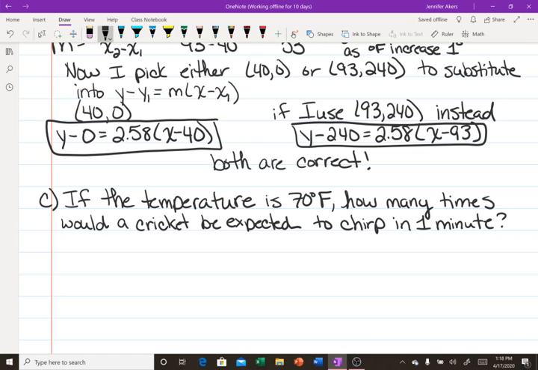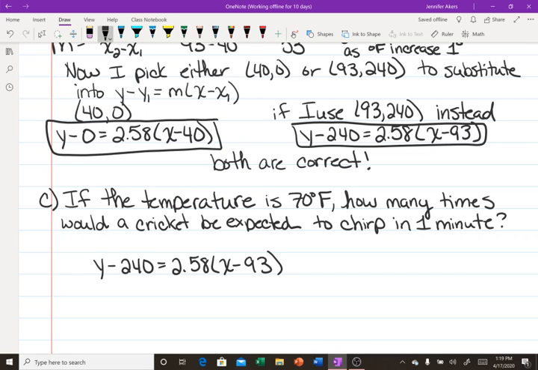Okay, so we take our equation, whichever one we used. Let's look at our second one. y minus 240 equals 2.58 times x minus 93. And we have to substitute 70 degrees in. Is 70 degrees the y or the x?